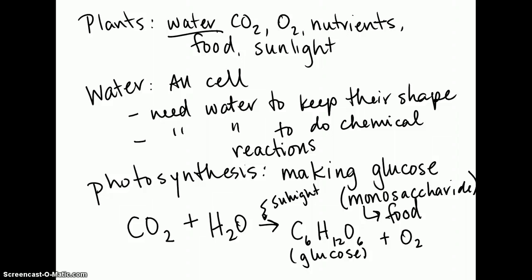So when we are talking about plants and having water, they need to have water, first of all, as we said, to keep their shape, but very important is that they need that water for photosynthesis. And every cell needs to have water so that it can photosynthesize.